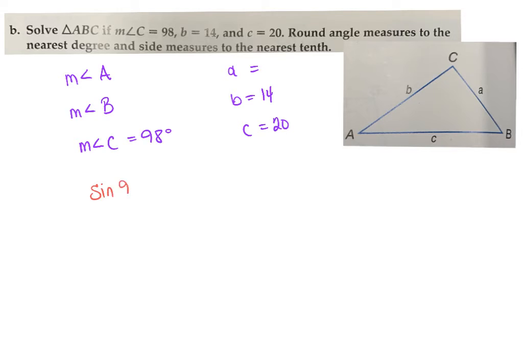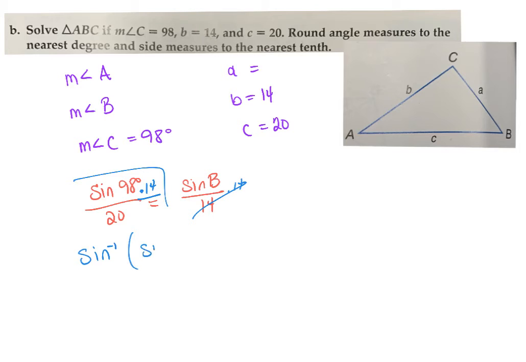Sine of C over C equals sine of B over B. All right? Once again, I am going to have to use my inverse sine here, right? So if I multiply both sides by that 14, then my sine of B will equal this guy. So I need to use inverse sine of this whole little thing here.